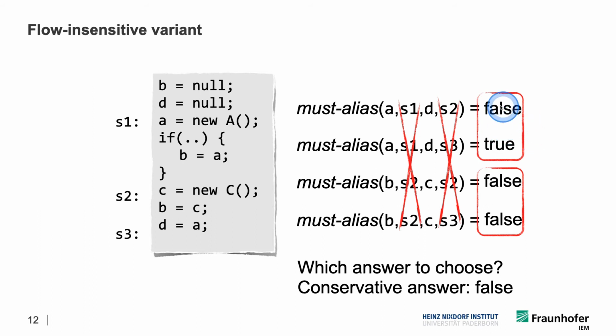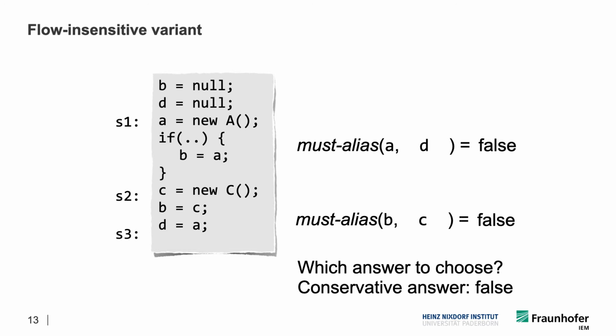So you would basically have to put this into the same equivalence class and this as well, and that always brings you false. That's why I'm saying a flow insensitive must analysis doesn't really make sense. It's always doomed to give you false as a result. So you will not find that very useful.